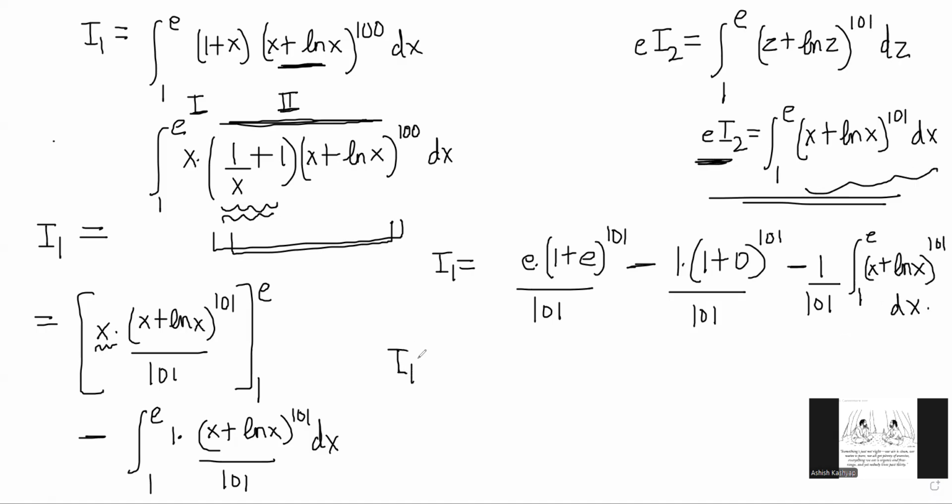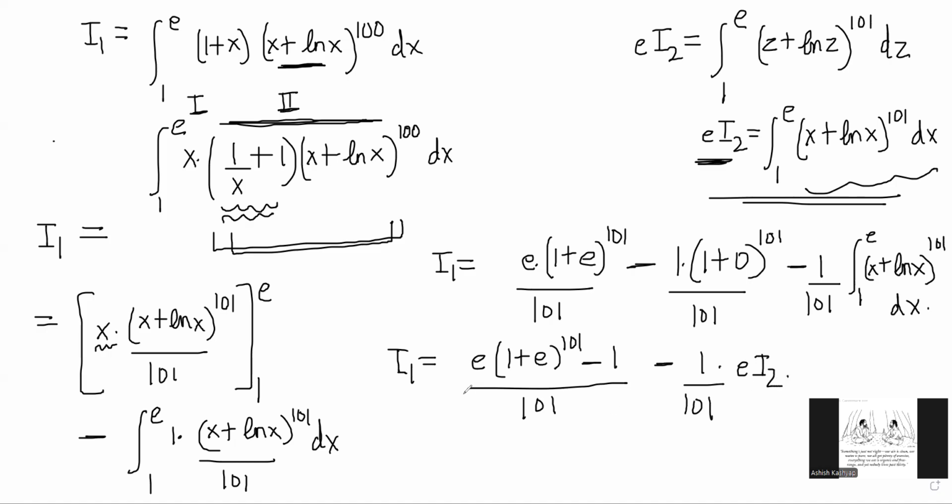So I'm getting I1 is equal to e into (1 plus e) to the power 101 by 101 minus 1 by 101 minus 1 by 101 into I2, right? I could multiply by 101 on both sides, but actually I don't need to do that because the question asked us something else.